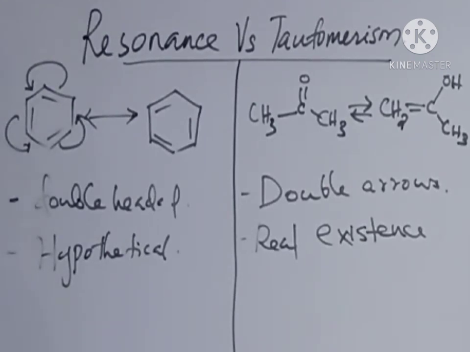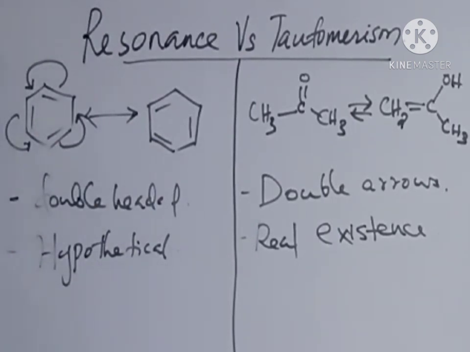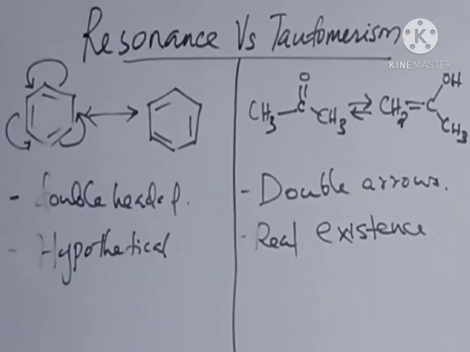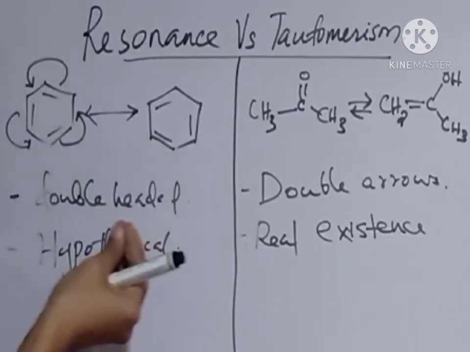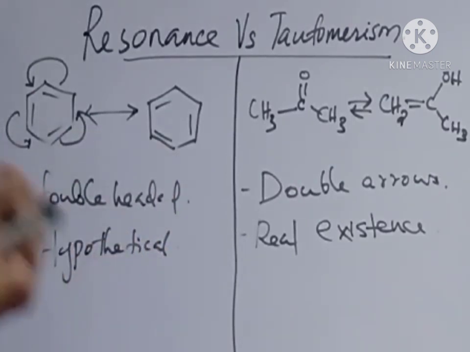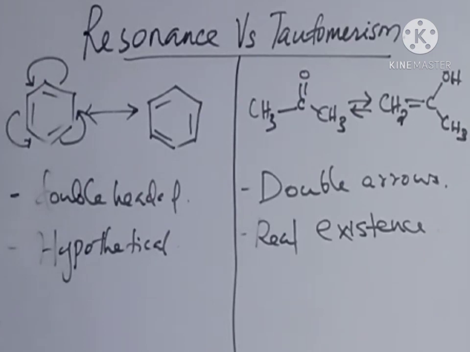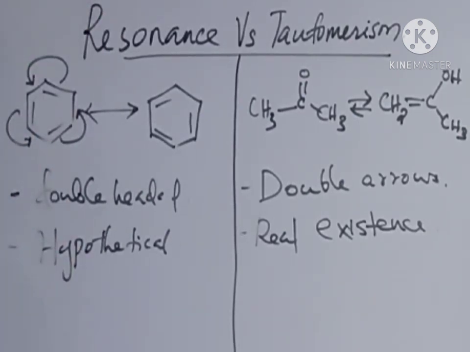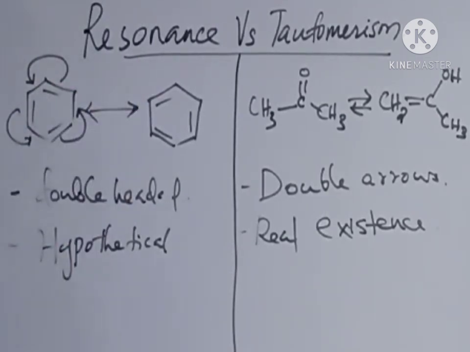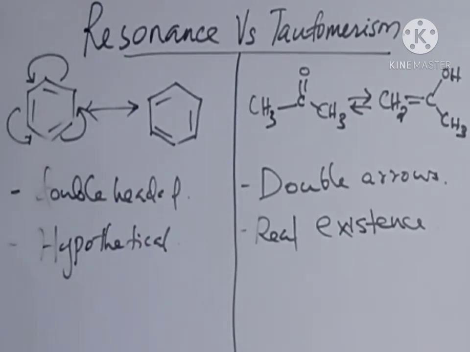The real structure exists between these resonance structures. We don't know the real structure of benzene, but we represent these resonance structures, which are very comparable to the real structure. So resonance structures are hypothetical structures. They help us to find the real structure, but tautomers are real structures.